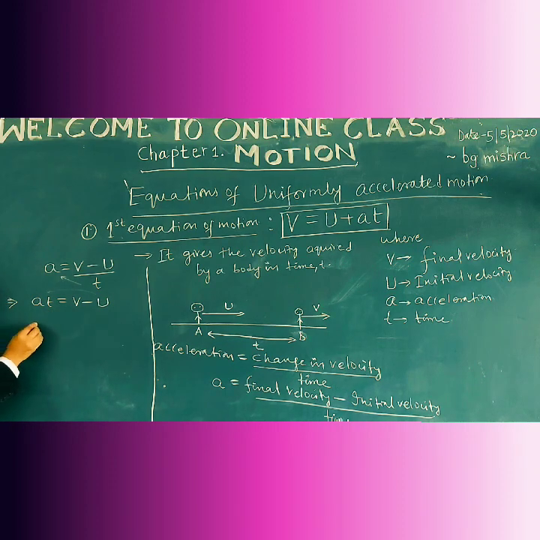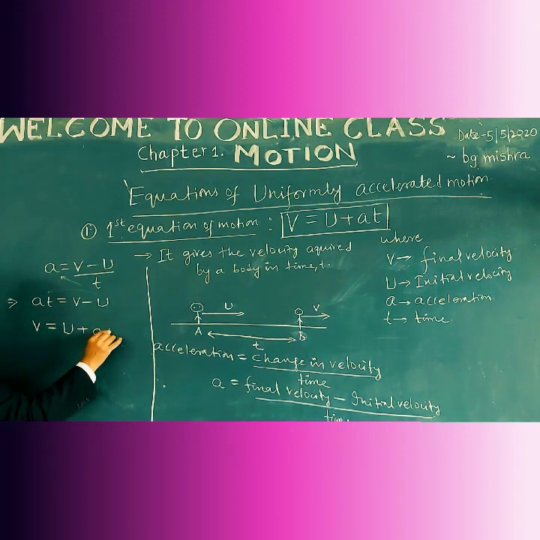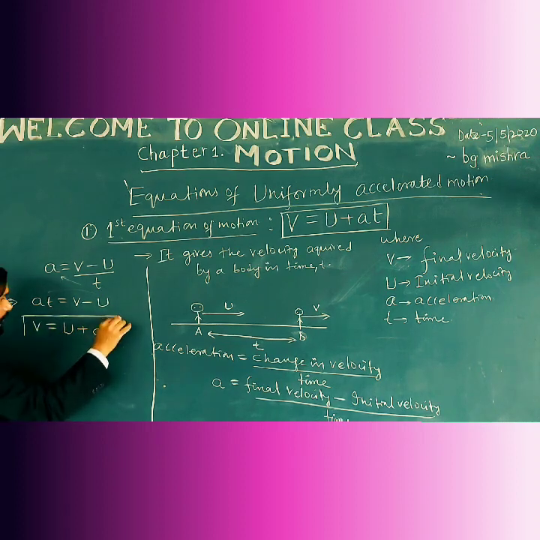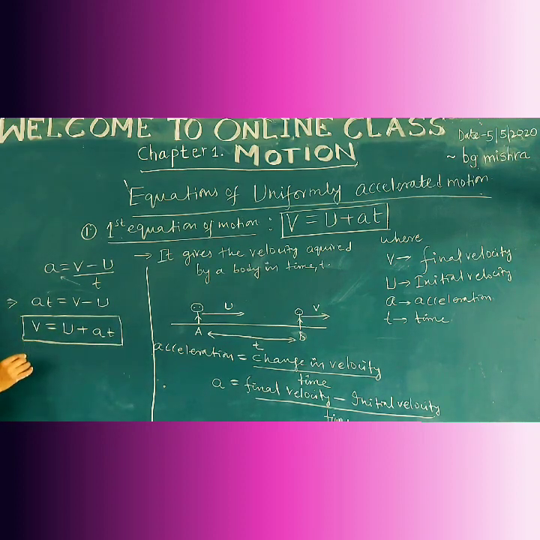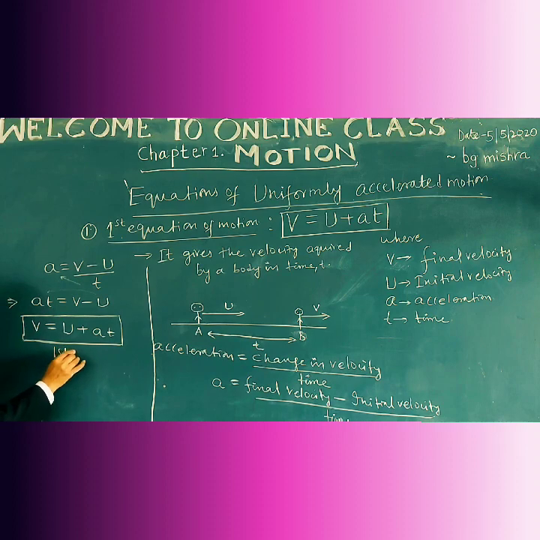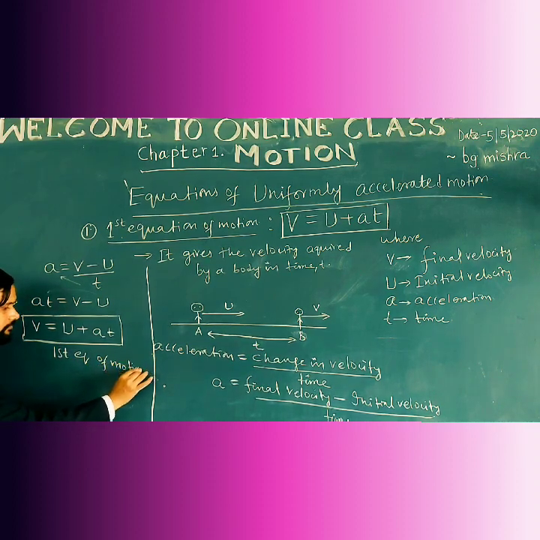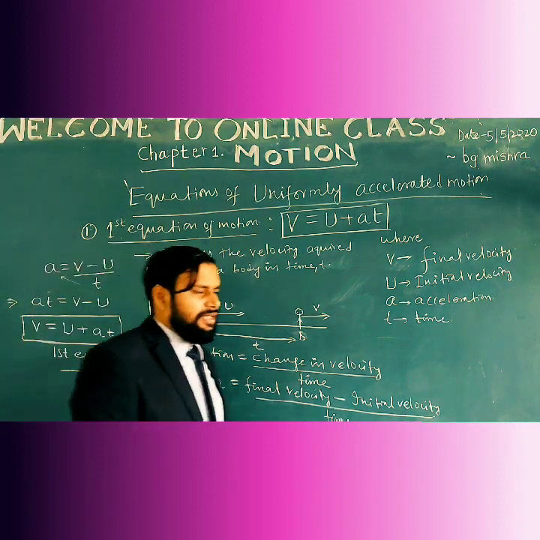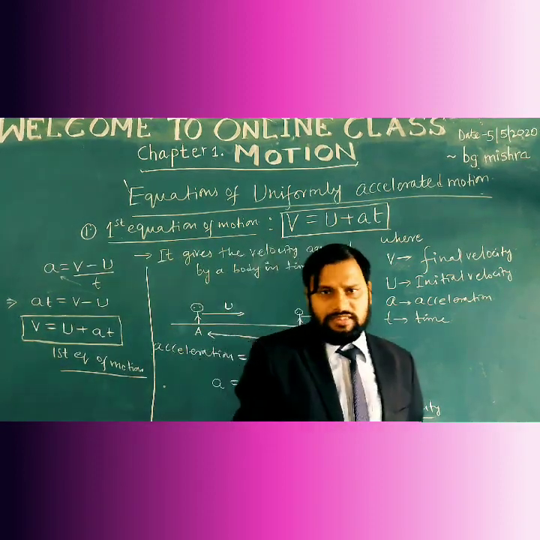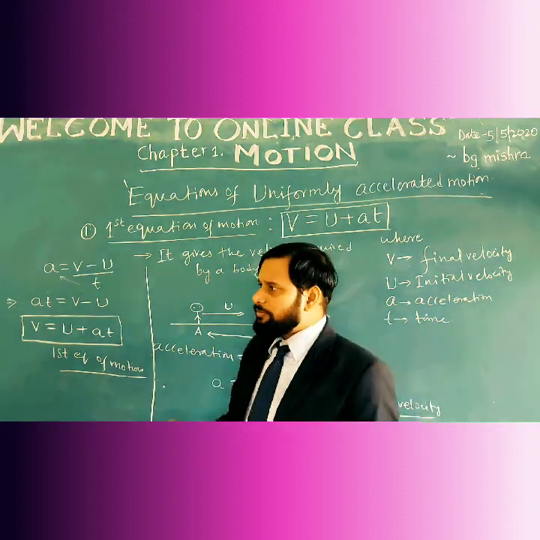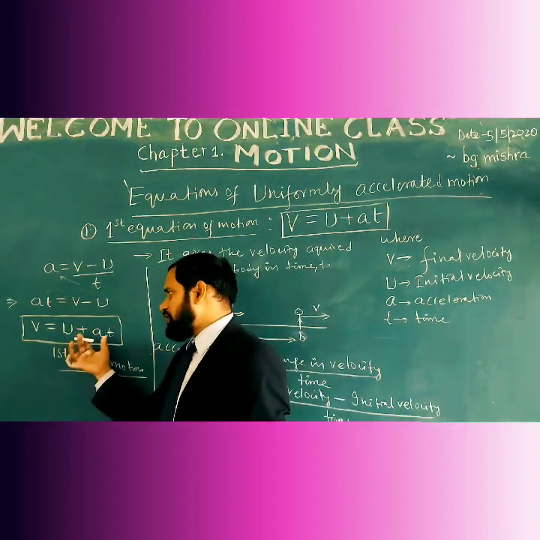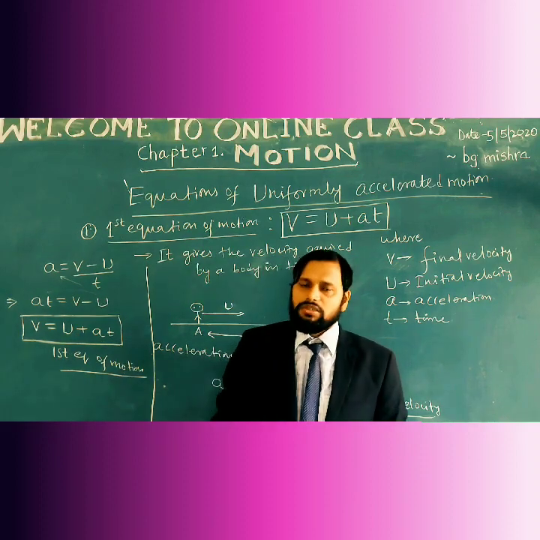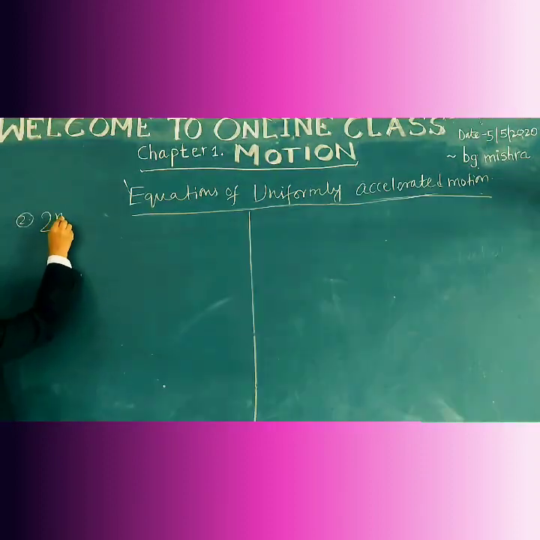So you will get v equals to u plus at. So this is the first equation of motion. So when you are solving a numerical, then if you are calculating acceleration, then you have to use this first equation of motion, v equals to u plus at.